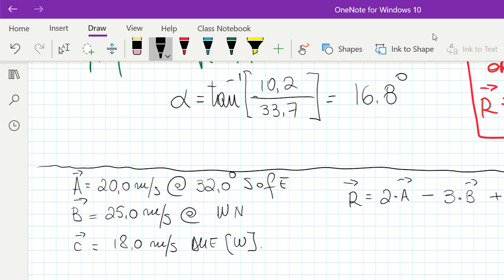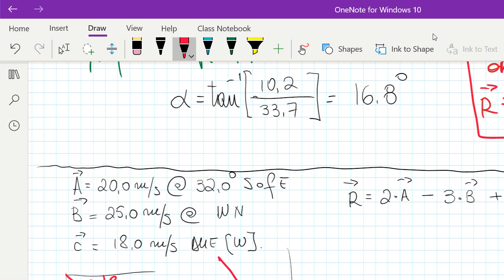So let's represent those vectors. We are dealing with south and east for the first one, and the vector looks like this. So vector A with an angle with the east axis of 32 degrees. For vector B, we will have between north and west. So vector B is northwest, with no angle stated.